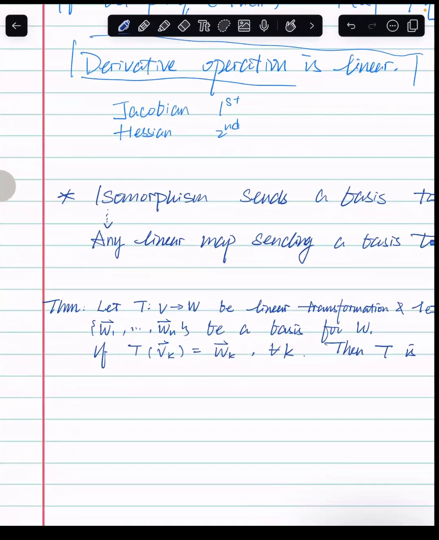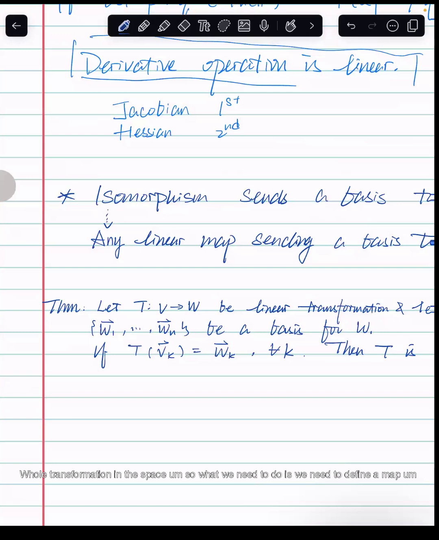Okay, so prove this. For this linear transformation, we already know the transformation on the basis. If we know the transformation on the basis, then we know the whole transformation on the space.